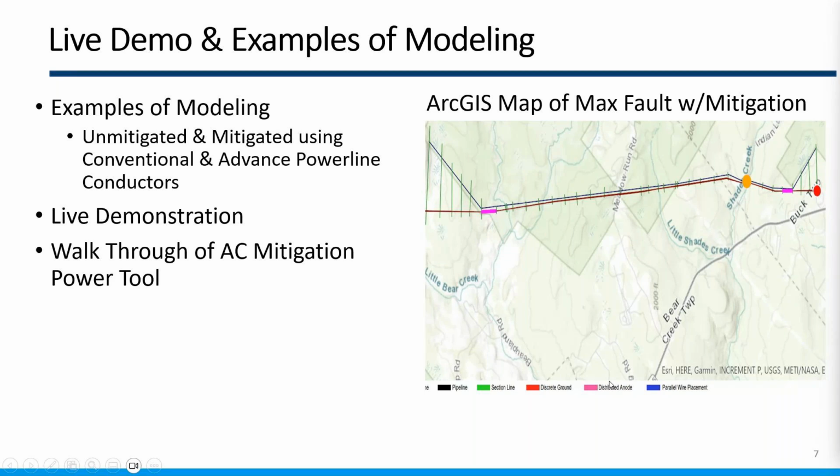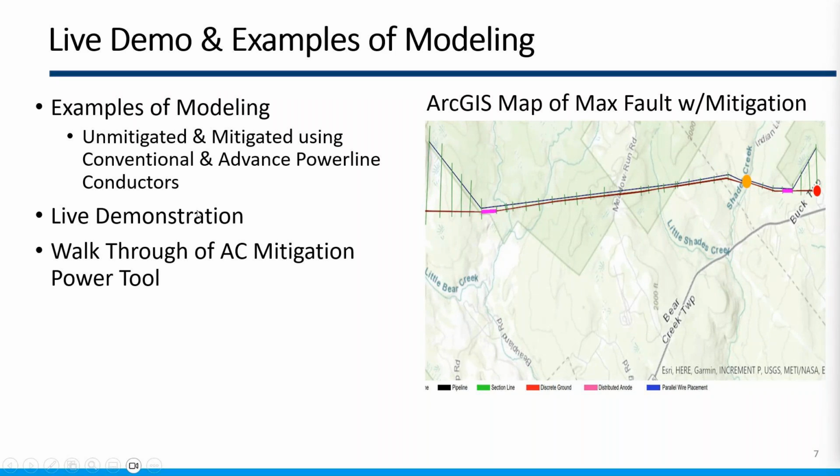Pink, it's a distributed anode, and of course, if it's blue, it'd be a parallel placement or a linear anode, or ground. I should put my grounding hat on, my AC hat, and stop calling them anodes. If you're CP, we could call them anodes. For AC, we should call it grounding, even though they're the same thing, and the same equations, believe it or not.